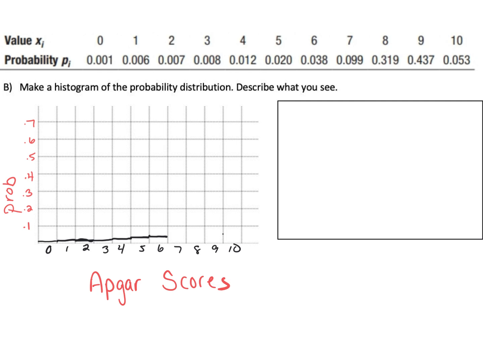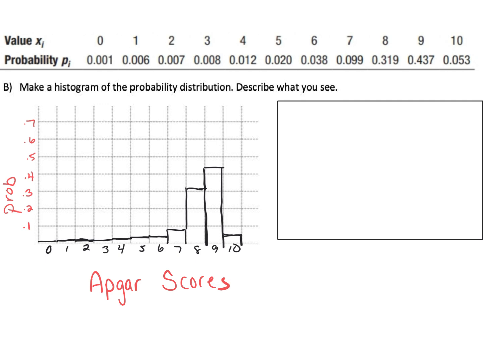It's finally getting close to a tenth. APGAR score of 8 is up here a little higher than 0.3, or 31%, I could say. APGAR score of 9 is like 43%. And 10 is down here at like 0.5%.